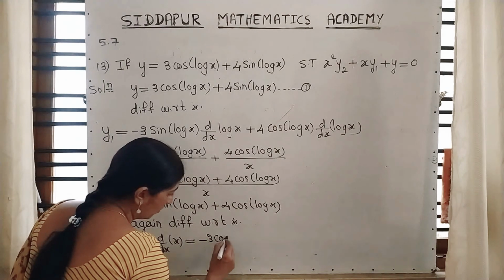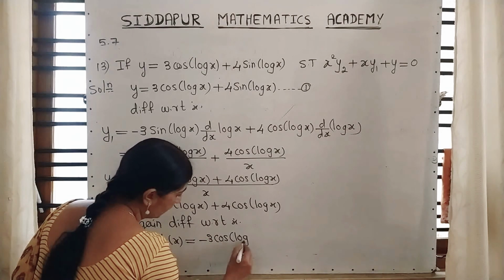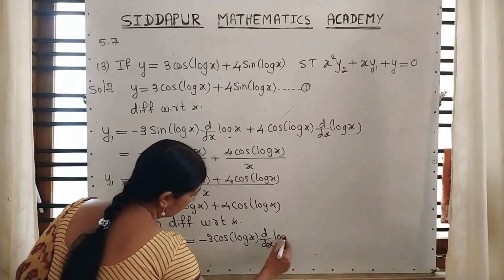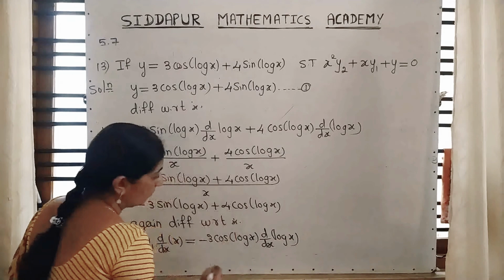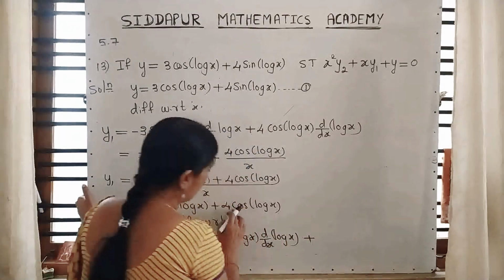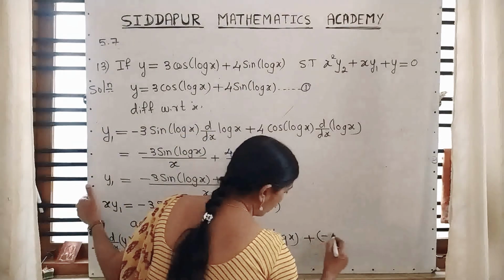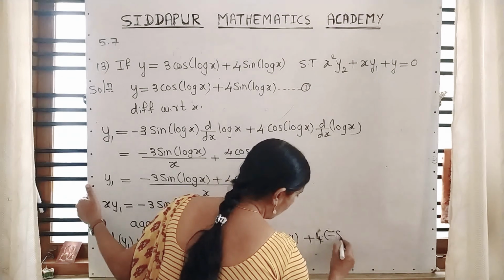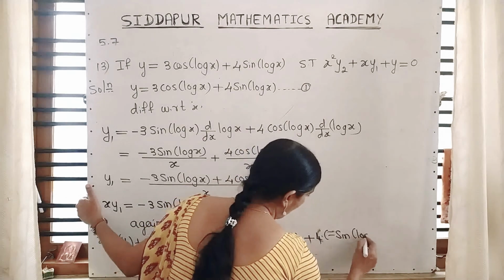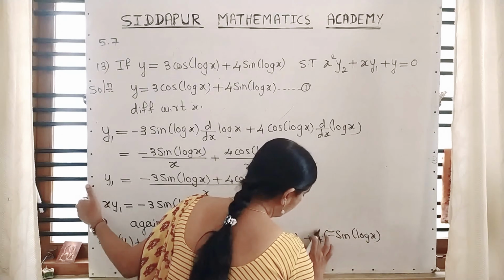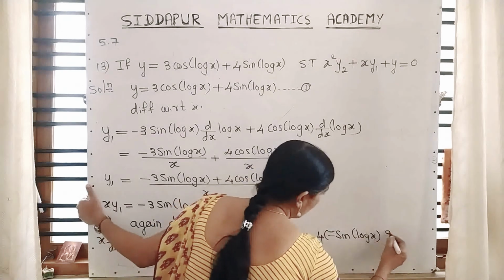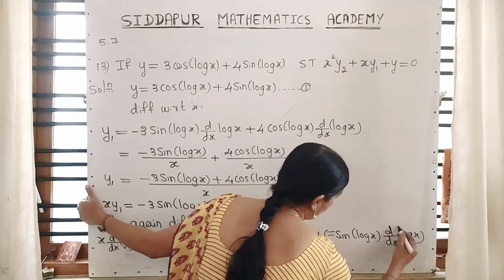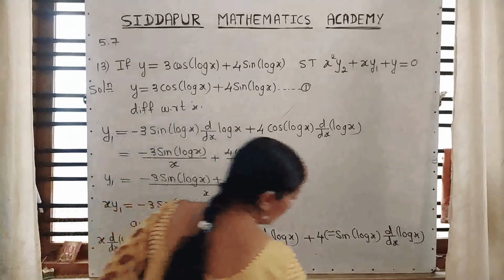Sin log x is cos log x into differentiation of log x plus 4 I kept as it is. Cos log x is minus sin log x into differentiation of log x. Now moving to next.